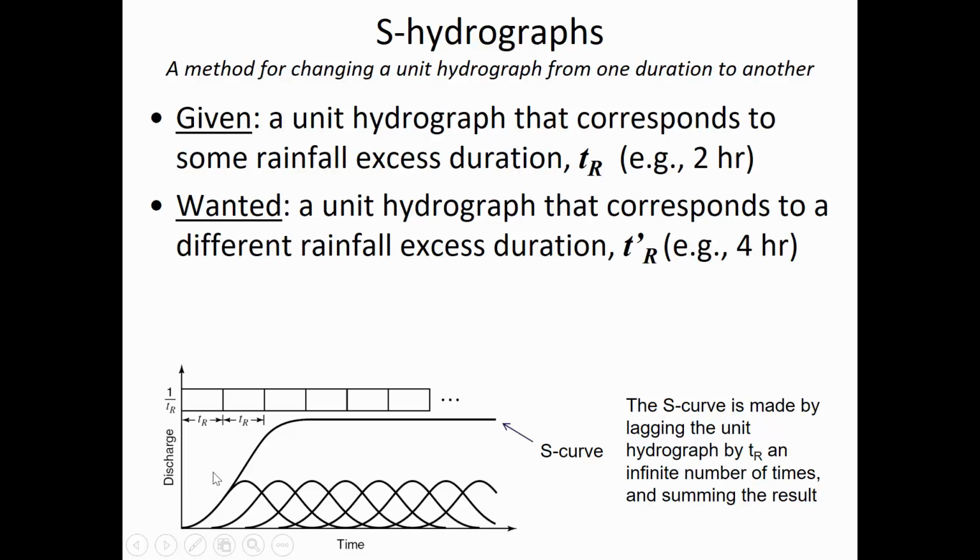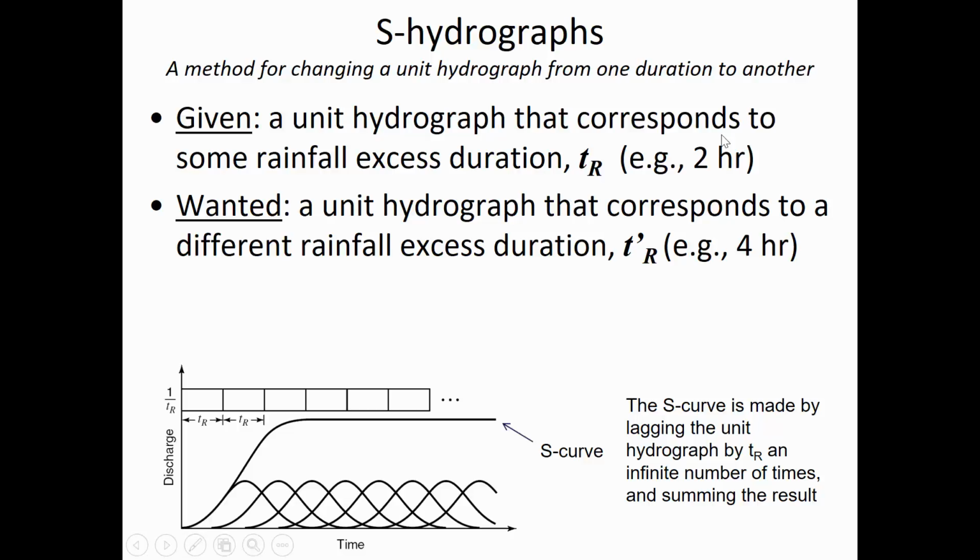So you'd be given a beginning hydrograph, and in order to come up with the different duration, we repeat the given hydrograph over and over again and come up with something called an S-curve. The S-curve is the sum of these overlapping hydrographs, where we've delayed them by the rainfall excess duration equivalent to the storm that caused the hydrograph to begin with.